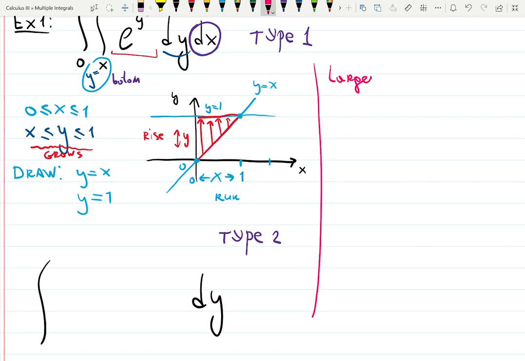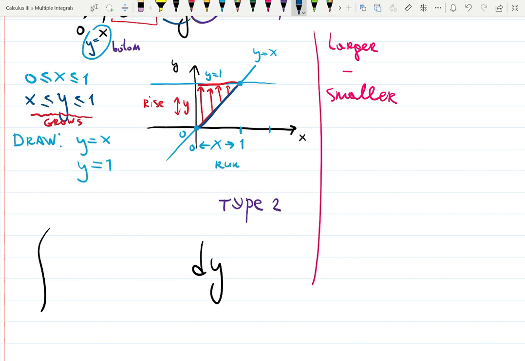It's always the same idea: larger minus smaller. Larger can be on the top or on the right. It used to be on the top, now larger will be on the right. Which function is larger? Y equals x is larger. So now the inside integral with respect to dx will have y equals x over here. But you have to be careful. X has to have the name x equals something, so you have an extra step: solve for x.